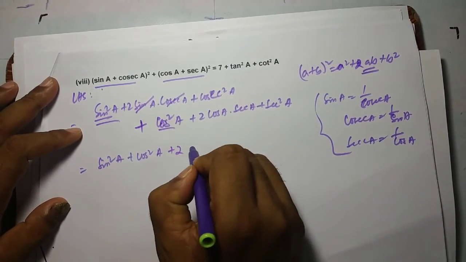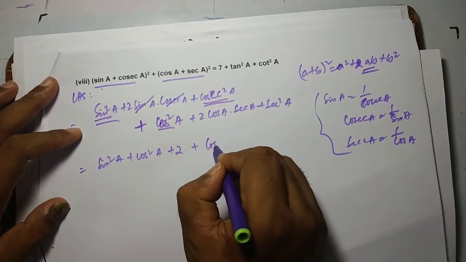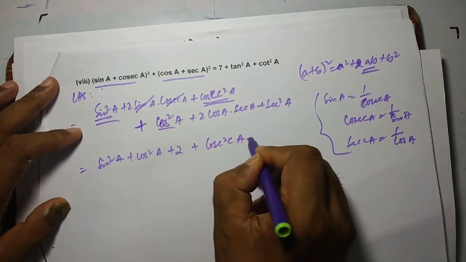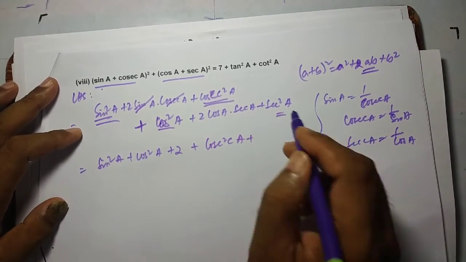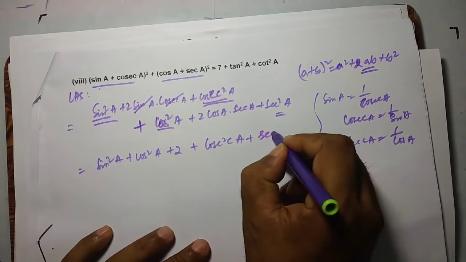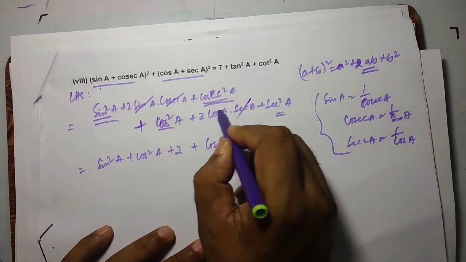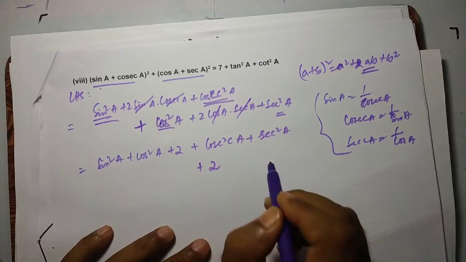So this is plus 2. Then rearrange again: cosec square A plus sec square A together, and the 2 cos A sec A term is again 1, so this is 2.